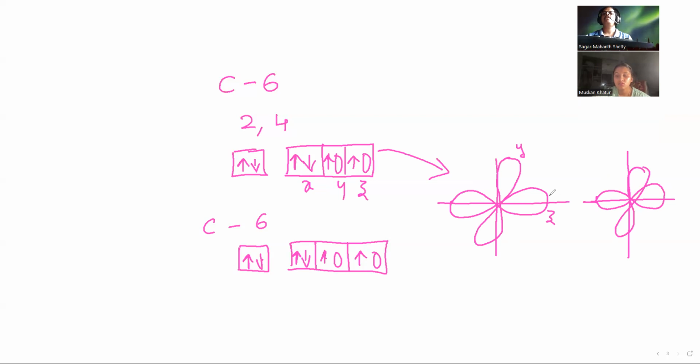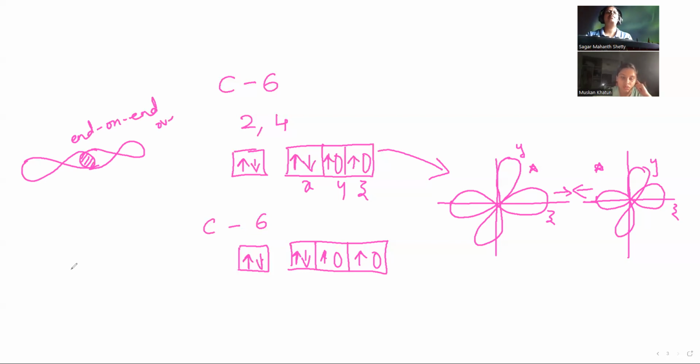Now try to understand that this carbon atom and this one will start approaching each other. There will be a stage when the horizontal orbitals overlap each other horizontally. This bond formation is called an end-on-end overlap, and I'm going to call this bond a sigma bond.